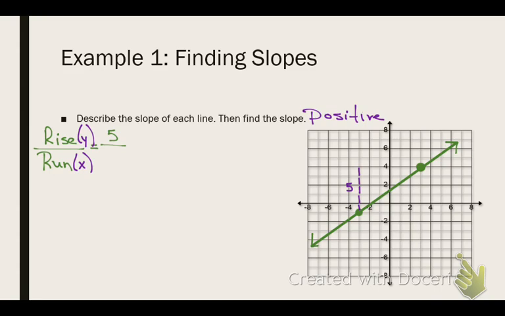Maybe I'll make that a little darker so you can see it. You went up 5. And how many did you run? 1, 2, 3, 4, 5, 6. You run 6, so 6 goes in your denominator. And that's your answer. That's all you have to do for your homework. Positive or negative, and then do your rise over your run value.